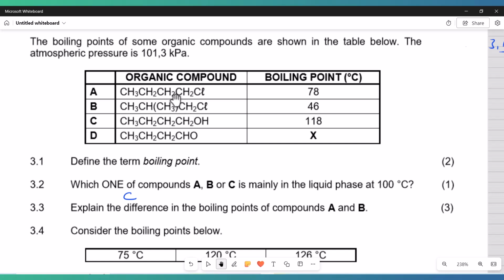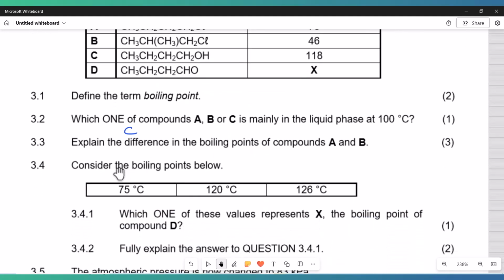So we're going to have stronger intermolecular forces in A molecules than B molecules. More energy is required to overcome these forces in A than in B, and hence a higher boiling point.